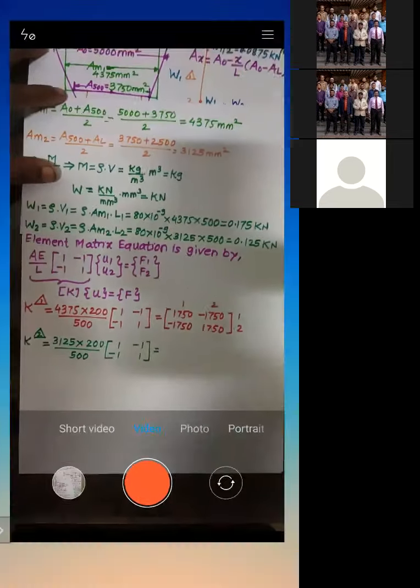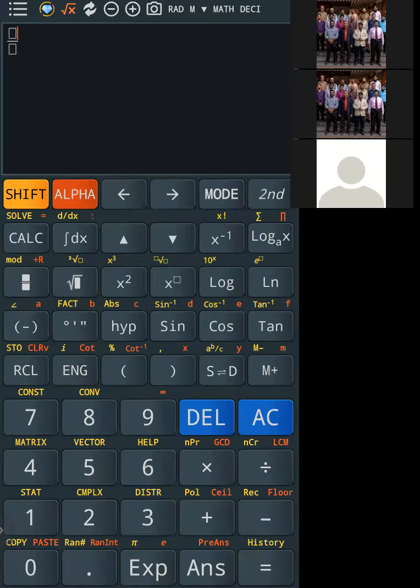3125 into 200 divided by 500. So it is coming as 1250.